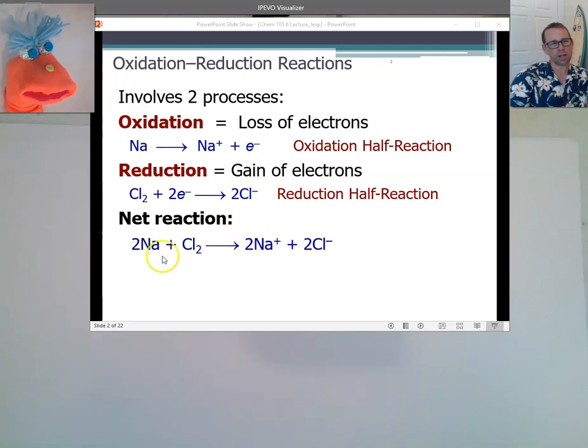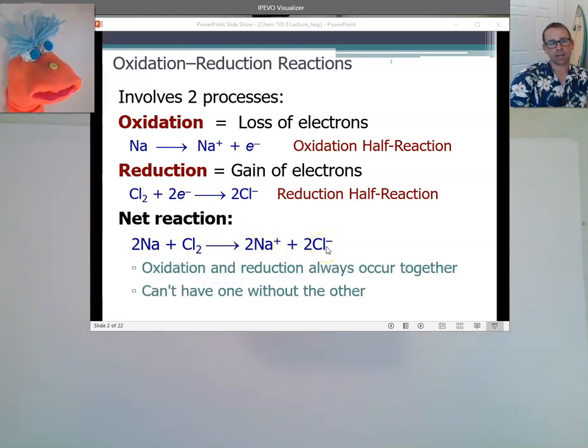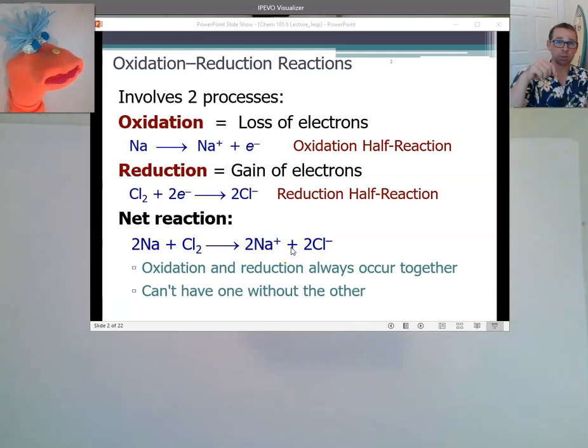And the net reaction is sodium metal and chlorine gas coming together to form sodium ions and chloride ions, and sodium chloride is the result. And remember when we saw that chemical reaction a while back where we put some sodium into a flask of green gas?